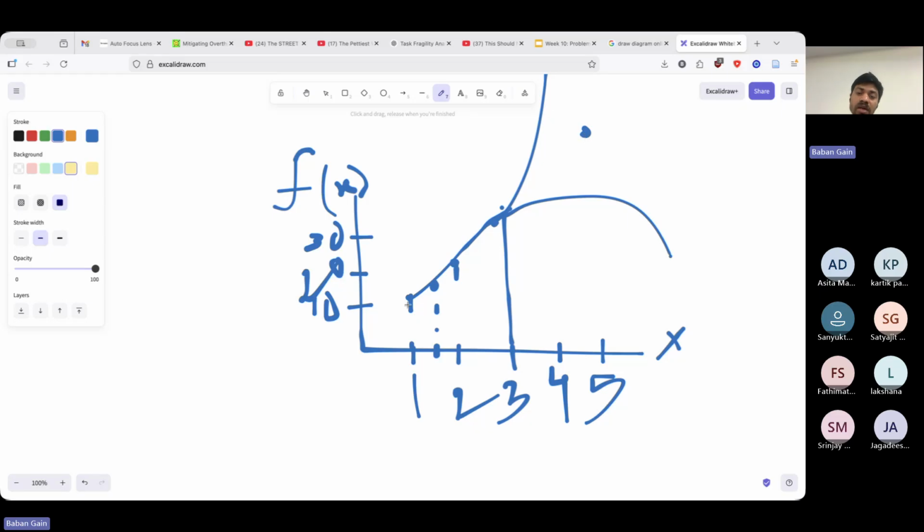In this case, you cannot guarantee it will be the same pattern, but there is a very high chance because this is also following a pattern, and this is also following a pattern. So within that range you can be somewhat confident that the pattern is not changing, because this is a straight line.